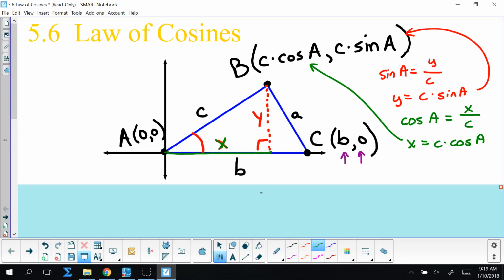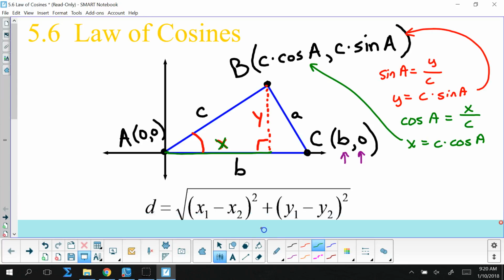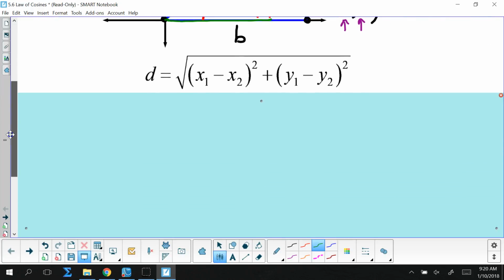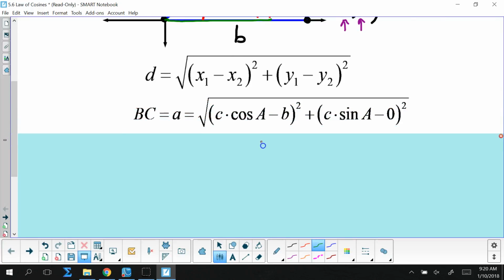Now, I can say, well, the distance from point B to point C, I can use the distance formula. Subtract the x's, square it, subtract the y's, square it, add them together, take the square root. So I'm going to find the length of side BC, which is the same as side a of my triangle.